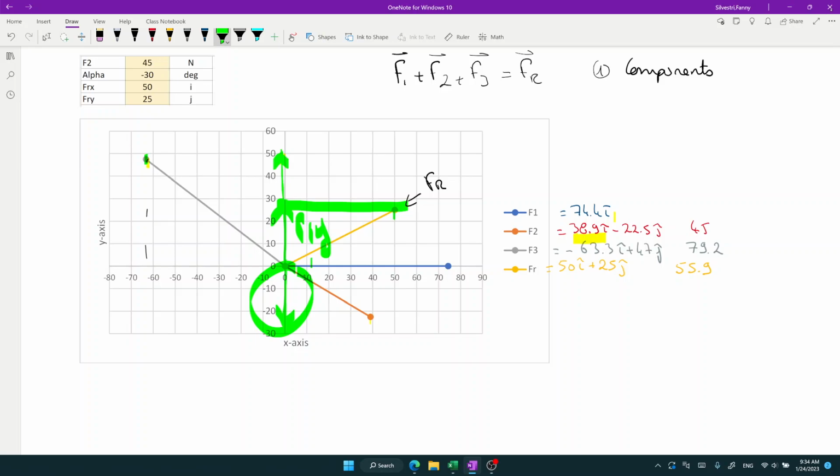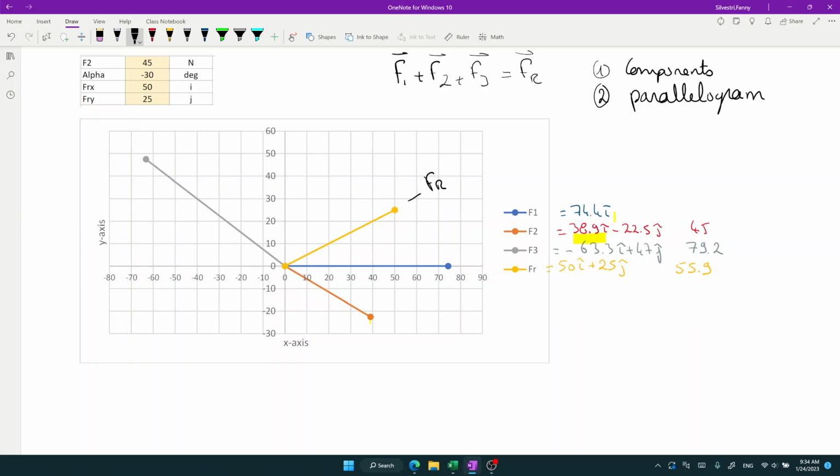Here we go, that's equal. So that was method number 1: you add all the x components, all the y components, and check that they are equal to the FR components.